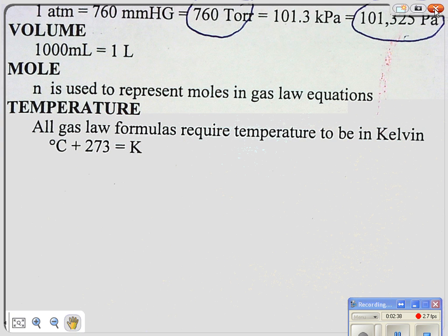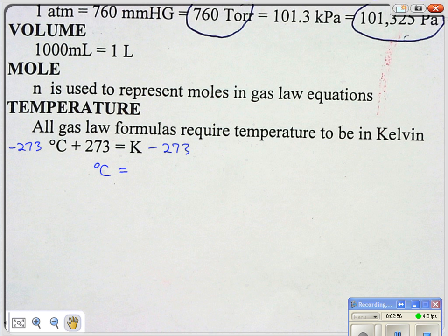It's minus 273 on that side, minus 273 on this side, and we wind up with degrees centigrade is equal to Kelvin minus 273. Pretty easy.